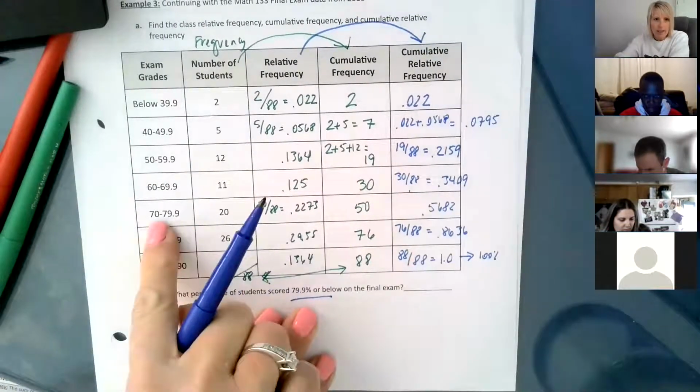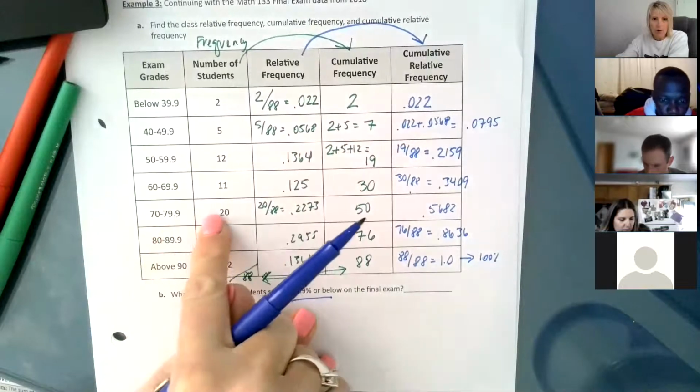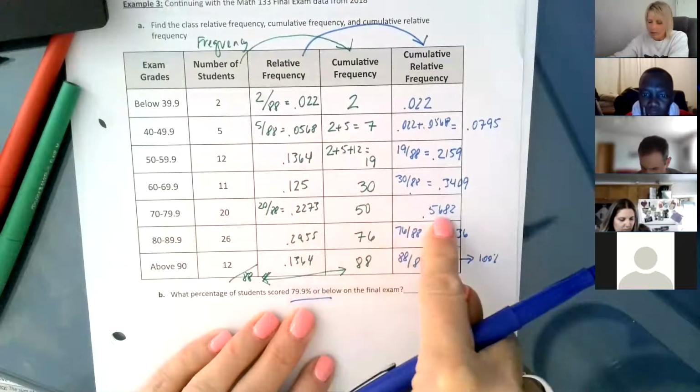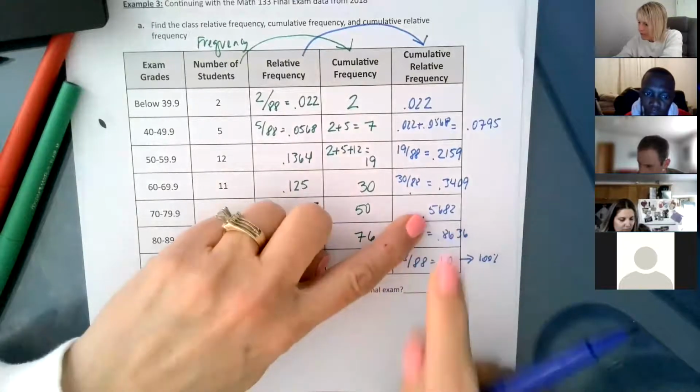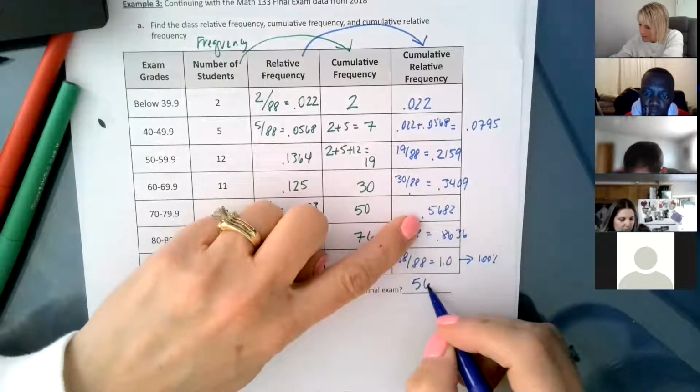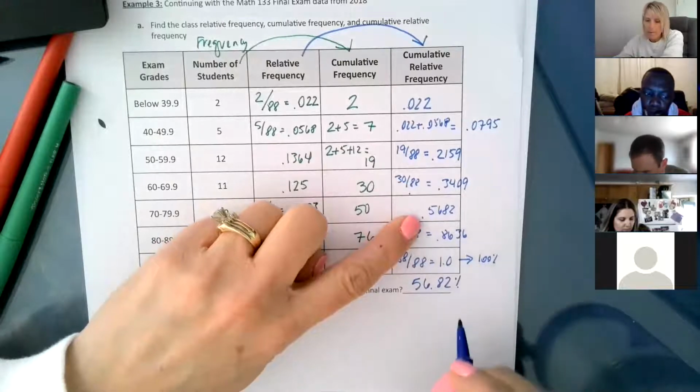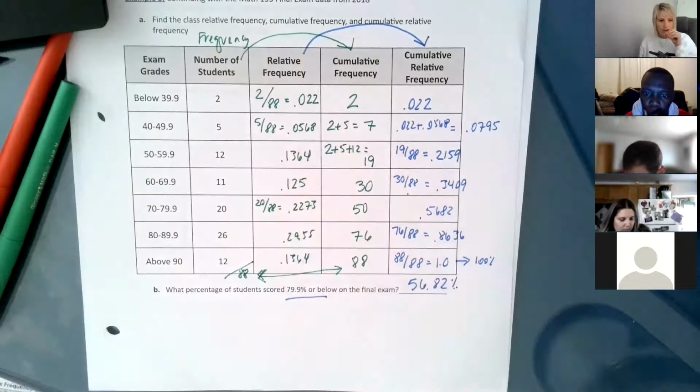So over here, the exam grade, so 79.9% or below, then I'm going to go all the way over to the cumulative relative percent and find out that that's 56.82%. Any questions so far?